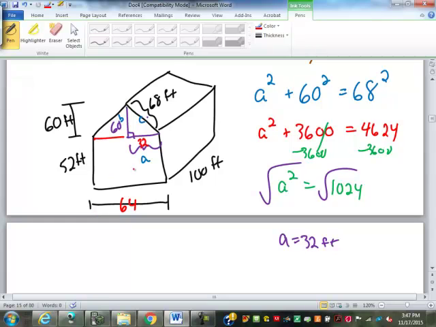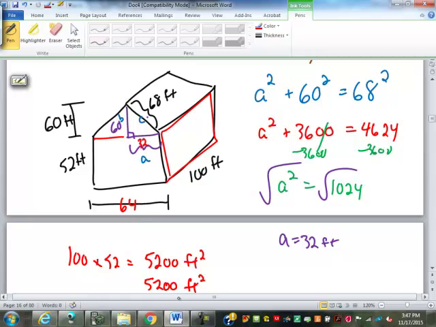So now to find the area of the barn, called the vertical sides, it was often called the lateral area of the barn. Well, this is 100 by 52, right? Otherwise known as 5,200 square feet. There's another 5,200 square feet. Where's that coming from? The back side, you got it.